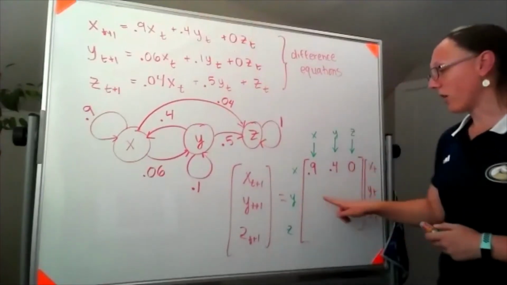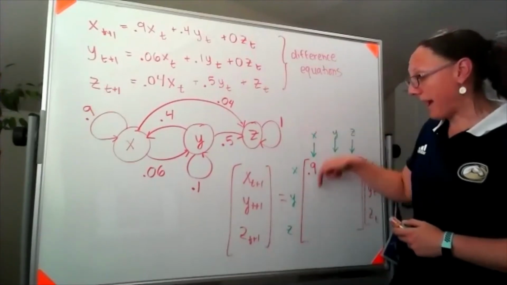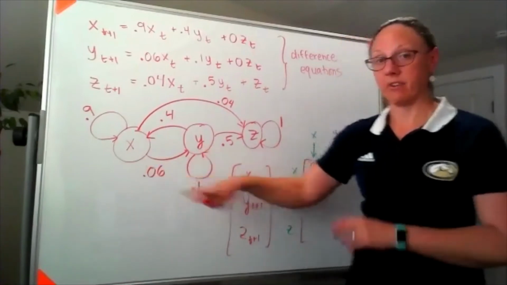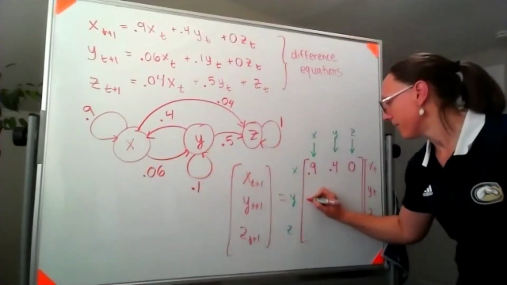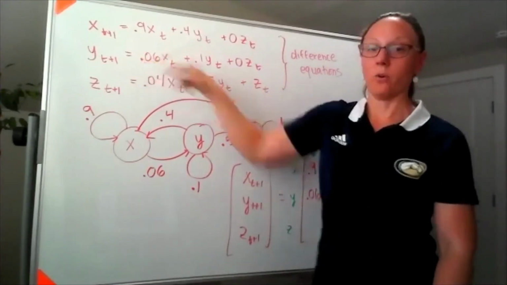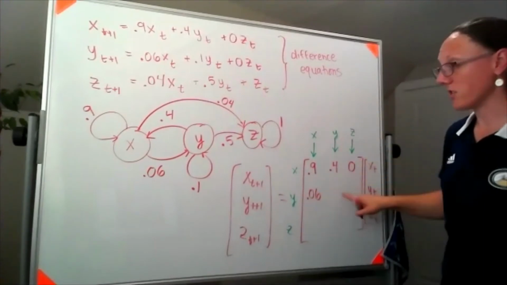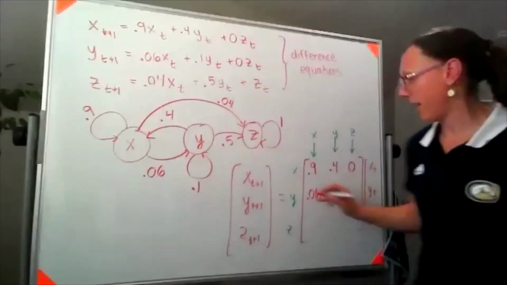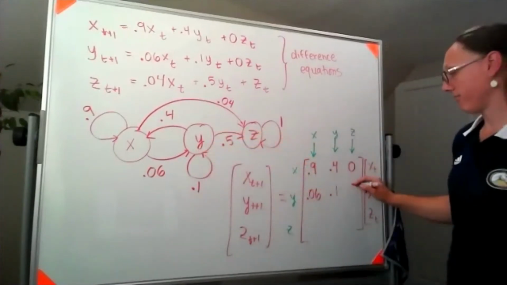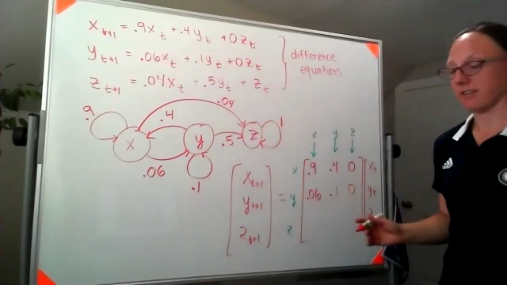So now my second row is telling me what's happening with y. So I need to know what's coming from x into y. So from x into y is 0.06, which again matches up with my coefficient right here. Now I need to know what's coming from y into y. So y into y, I've got 0.1, and z into y is nothing. So again, that matches my coefficients up there in the difference equation.